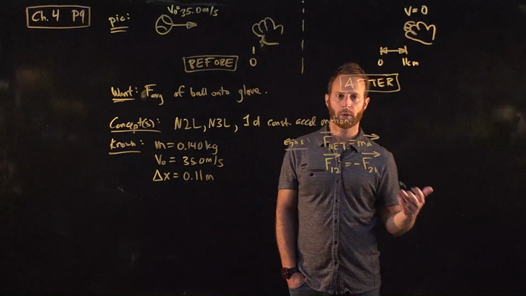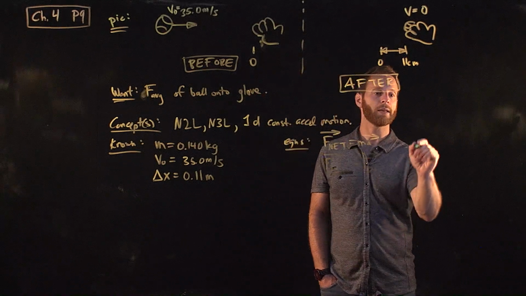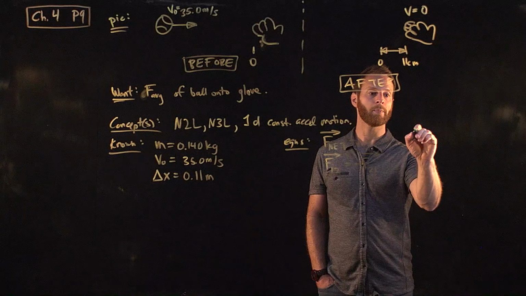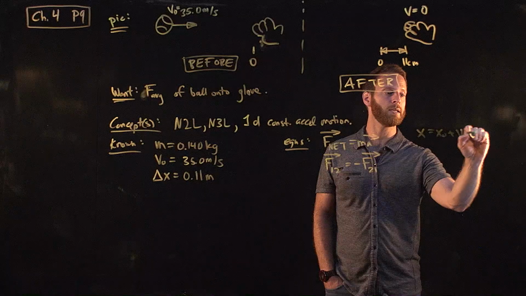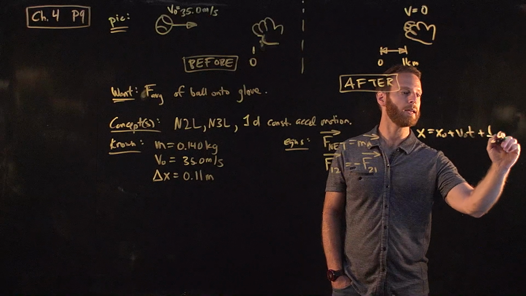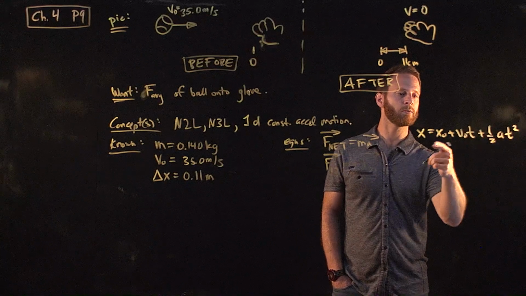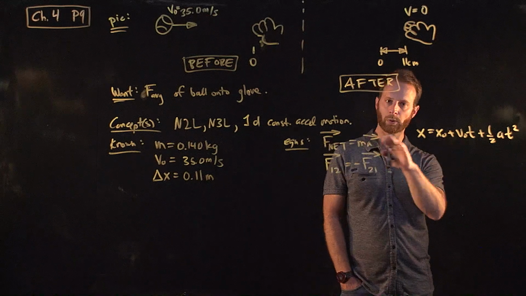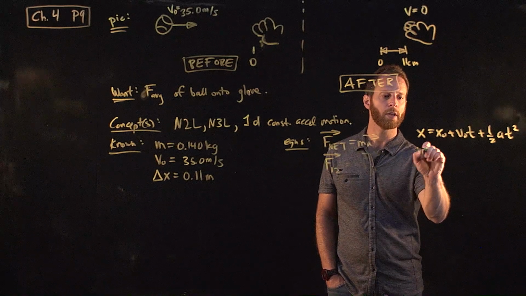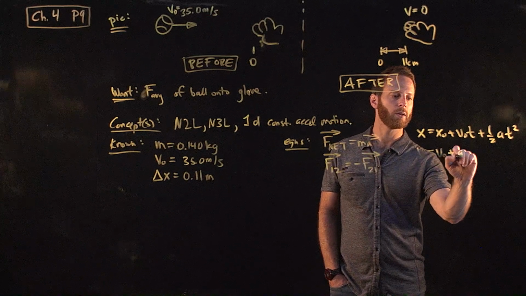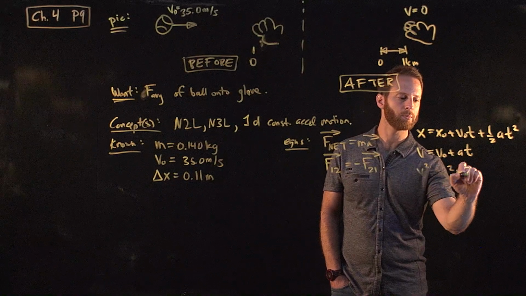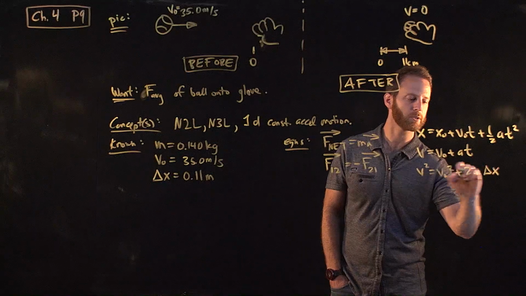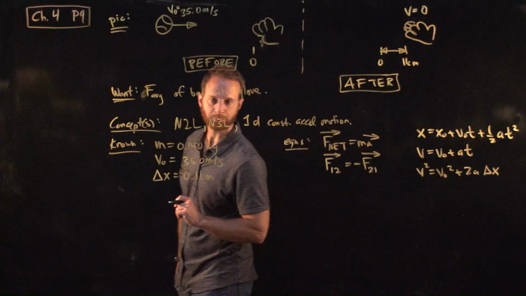We're going to need those possibly 3 kinematic equations that we've been using for a long time. Let's write that as x is equal to x naught plus v naught t plus 1/2 a t squared. Again, I'm not putting any extra subscripts because we're only worrying about motion in one direction. V is equal to v naught plus at, and of course v squared is equal to v naught squared plus twice the acceleration times the displacement in the x direction.